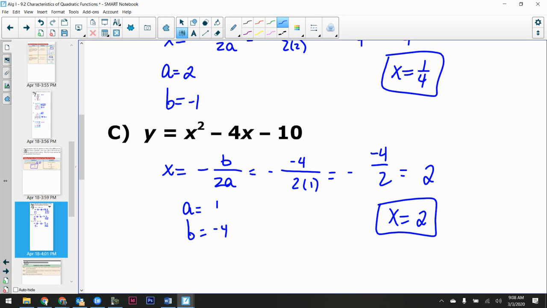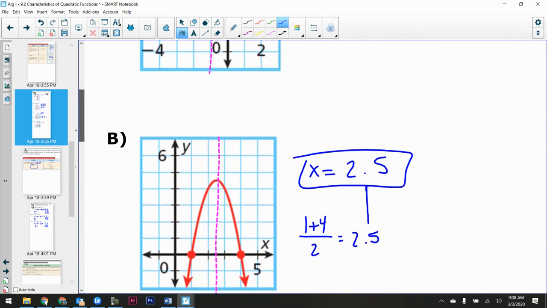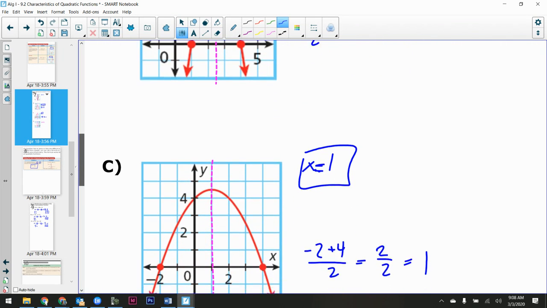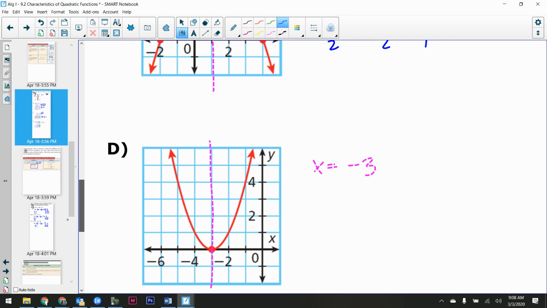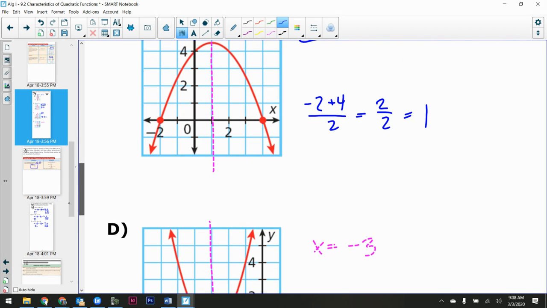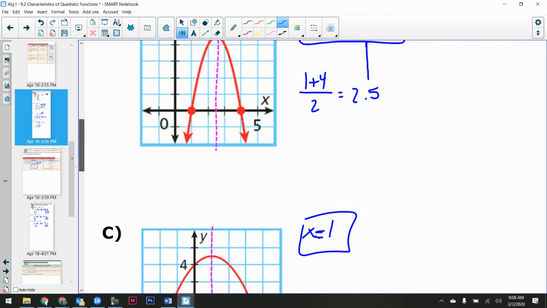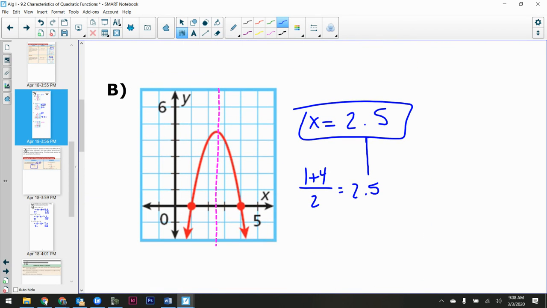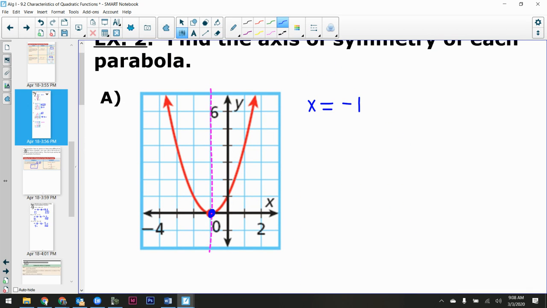Guys, looking back at the graphs of all of these, doesn't my axis of symmetry run through my vertex for every single one of them? So what do you think the x coordinate of the vertex is? If I were to pick out the vertex right here, what's the x coordinate? -1, 0, right?